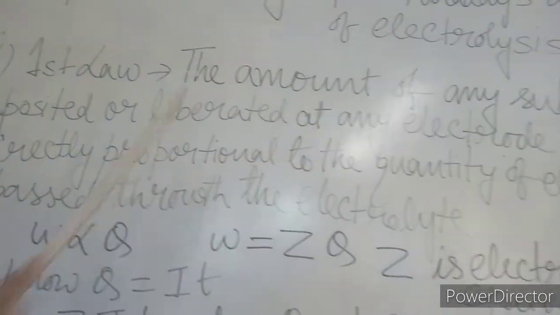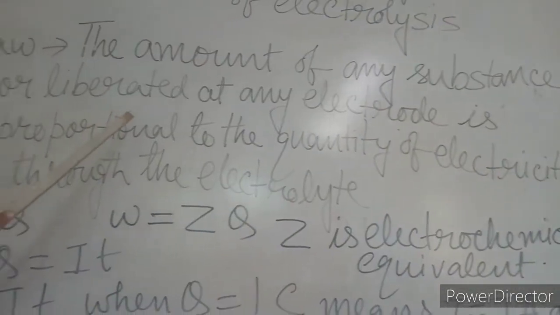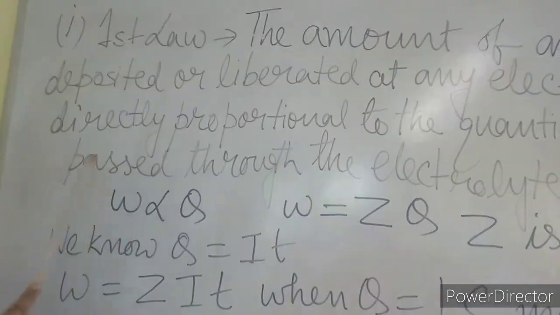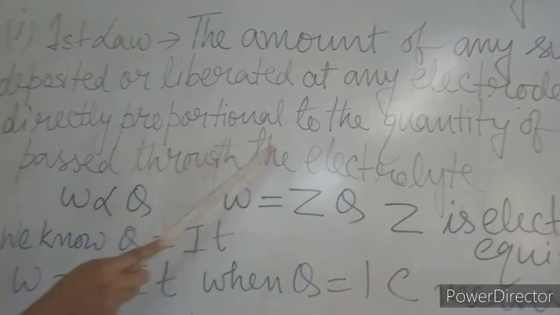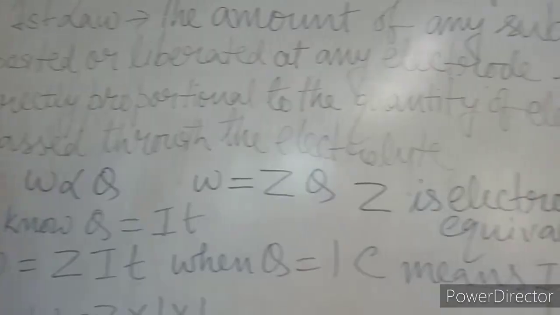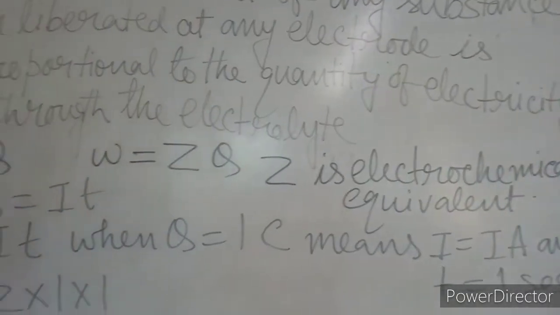Once again, the amount of any substance deposited or liberated at any electrode is directly proportional to the quantity of electricity passed through the electrolyte.